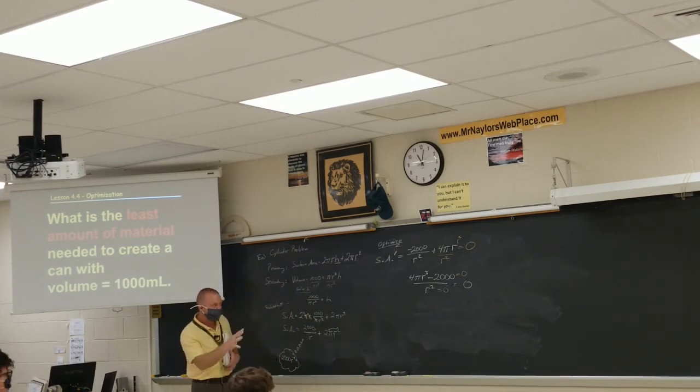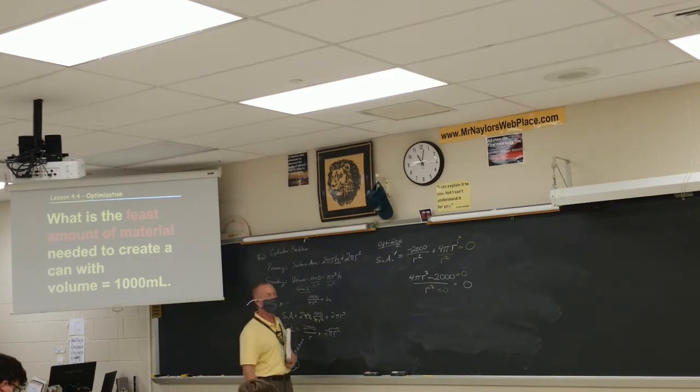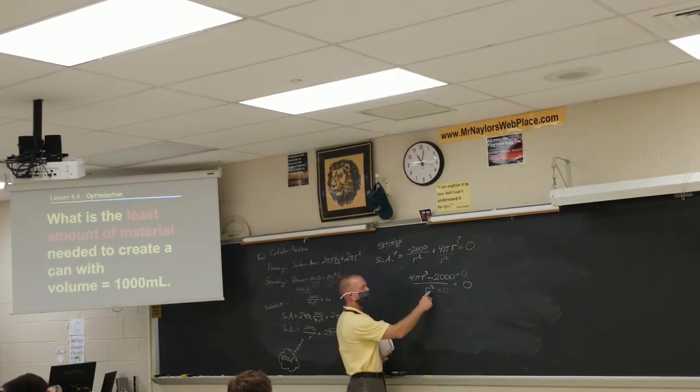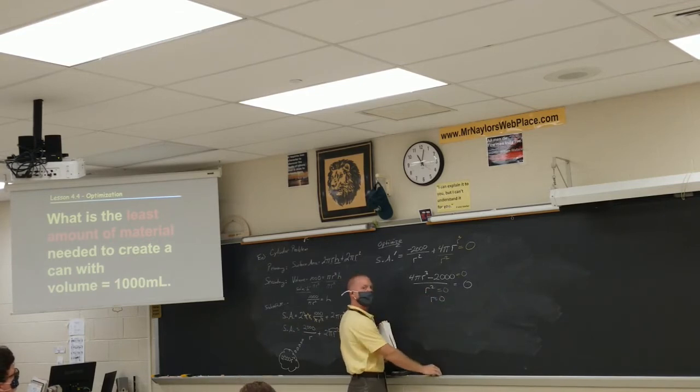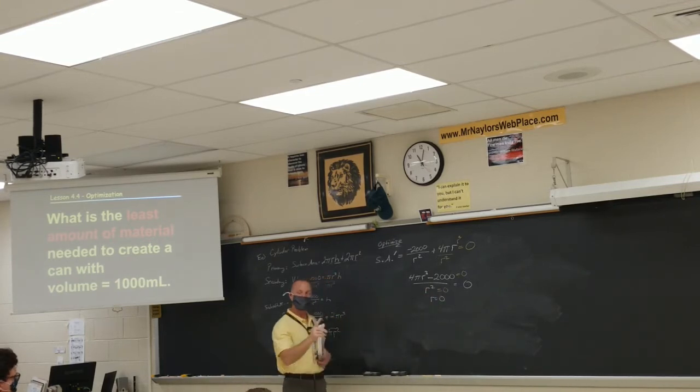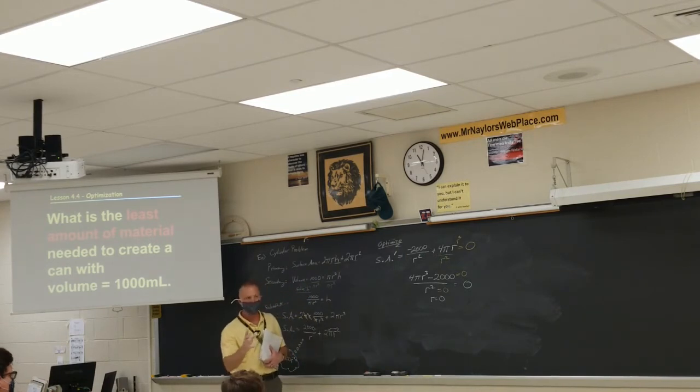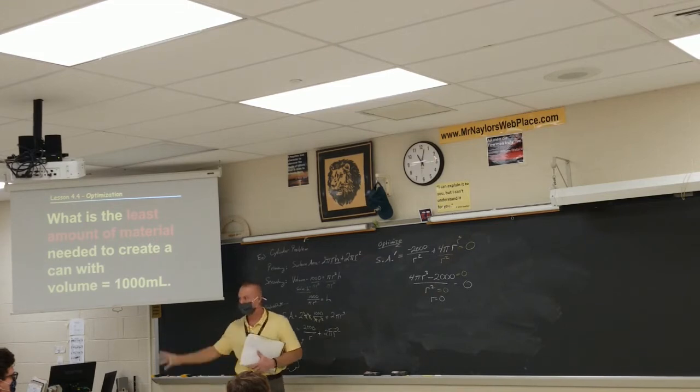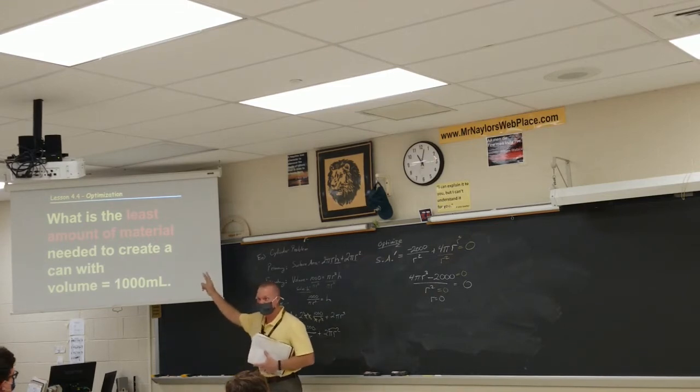It's kind of a little bit of a detail, but it is true. And the only thing I'm going to say about that is the only way that r squared can equal 0 is if r equals 0. And I just want you to think for a minute, how big is my can? How big is my can if it has a radius of 0? Not real big, right?